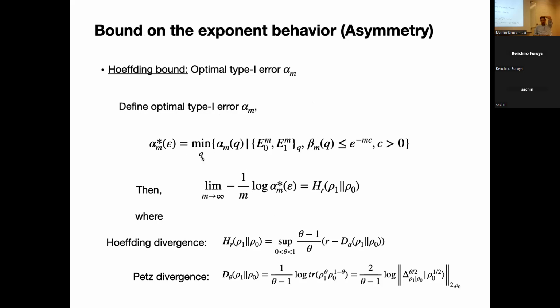The smallest error probability you can achieve is given by something called the Hoeffding divergence, which is defined using the Petz divergence. Using the Petz divergence, you can give the optimized value for your error.